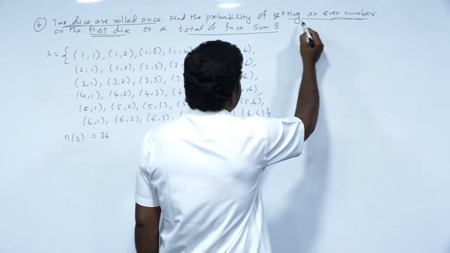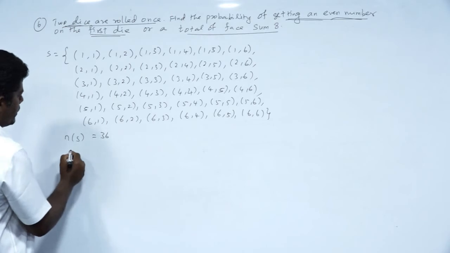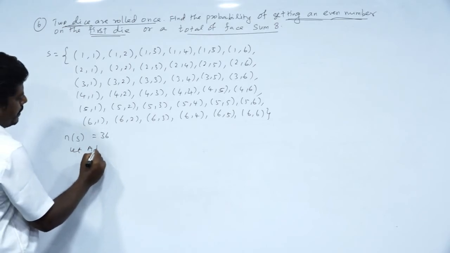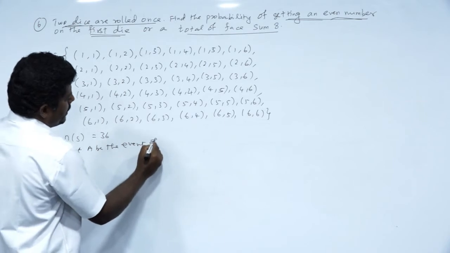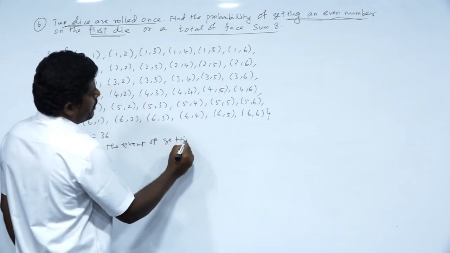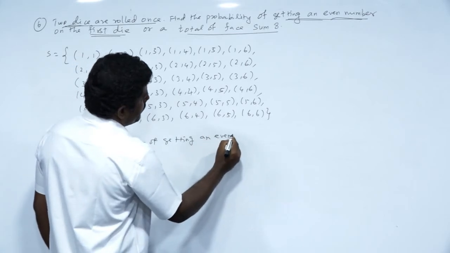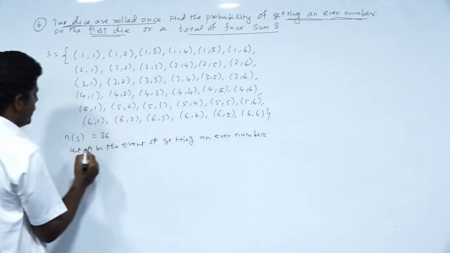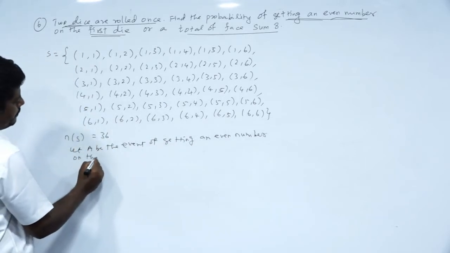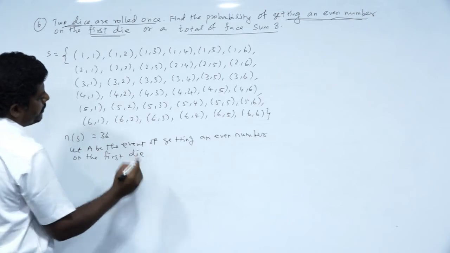First event: let A be the event of getting an even number on the first day.